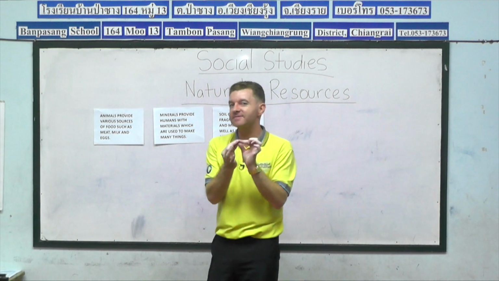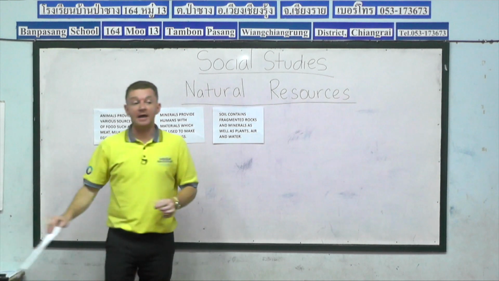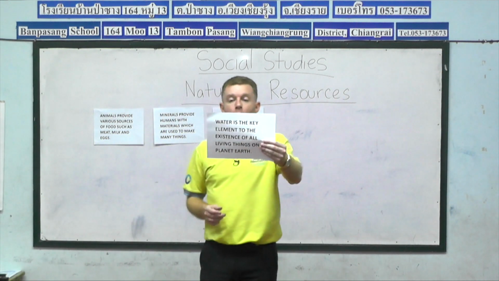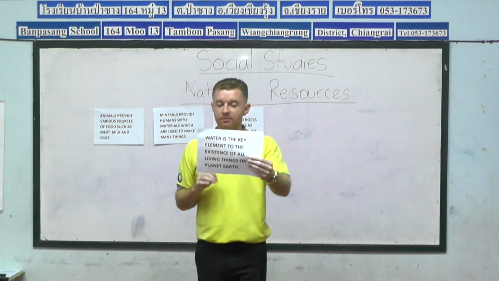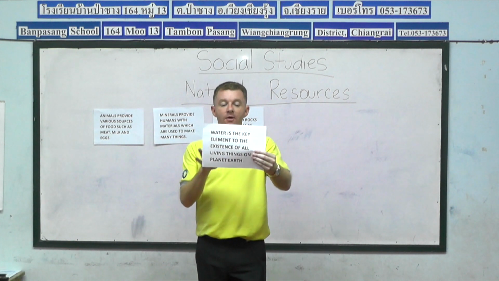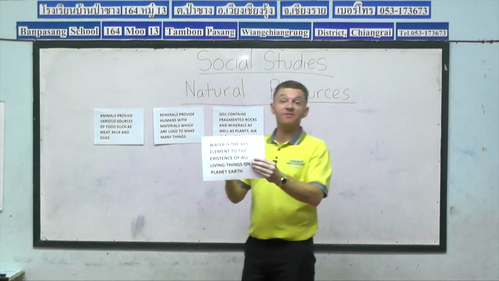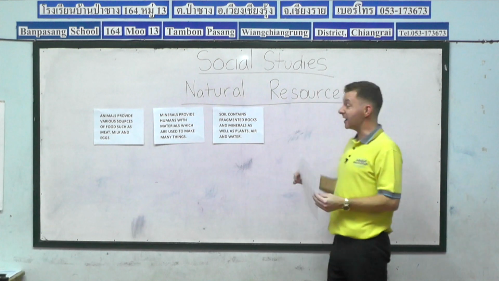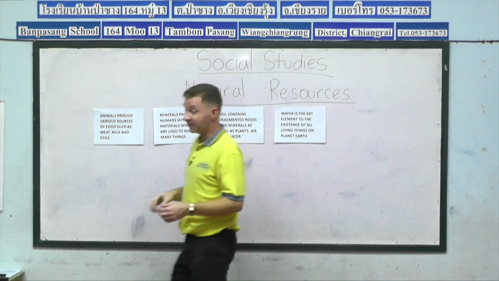If something's fragmented, it's broken down into tiny pieces. Our next natural resource, water, is the key element to the existence of all living things on planet Earth. Yes, all living things need water to survive, especially fish.